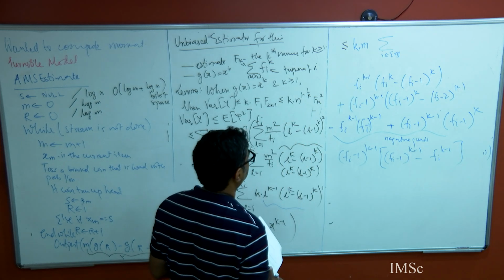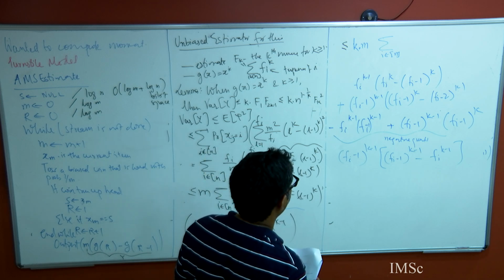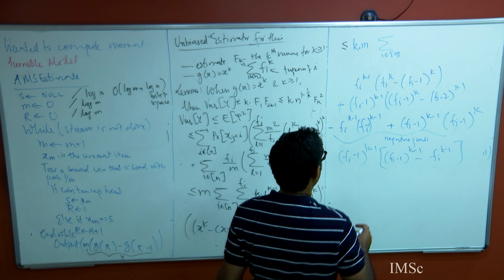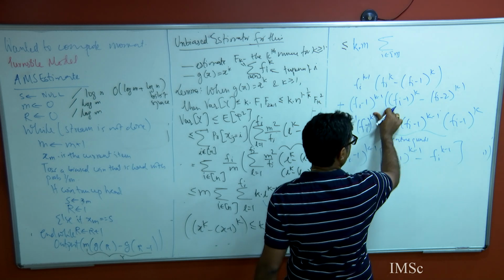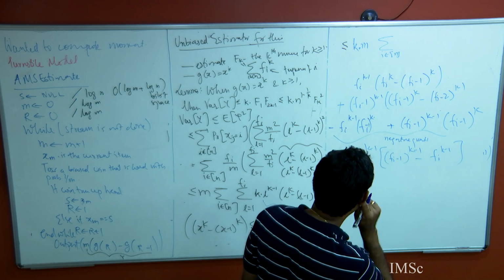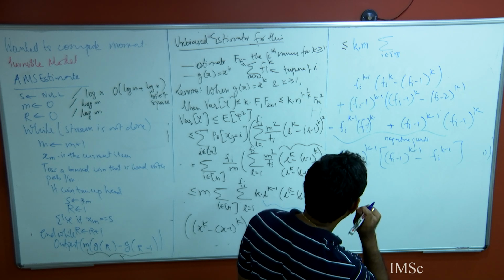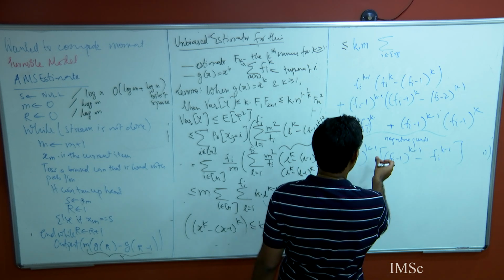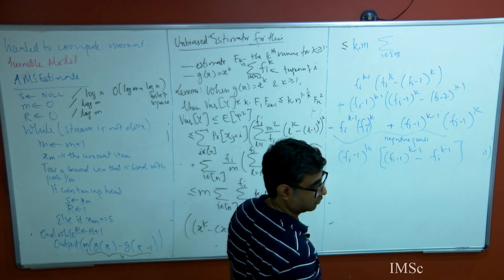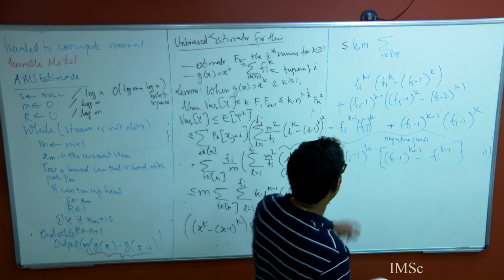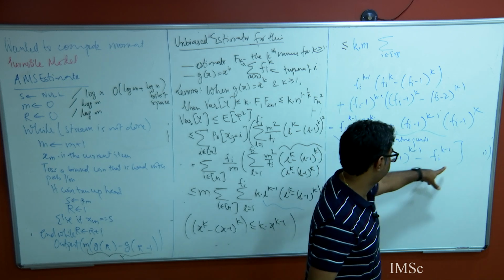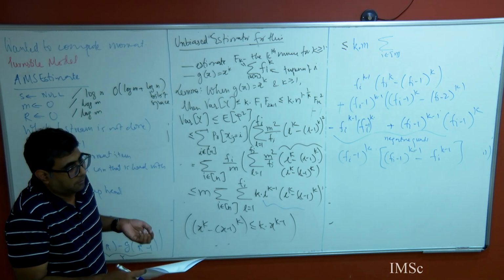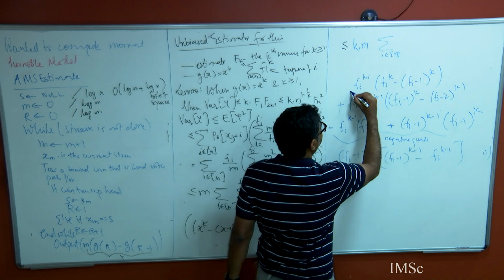In the first sum, what is this? The first term contains fi minus 1 to the power k. Okay, and what does the second term contain? Is it correct? So this is also fine, right? Because I was only taking this common, okay? So this is fine. So this is still a negative term. So what do we get from this? All this is that this is the only term which dominates.